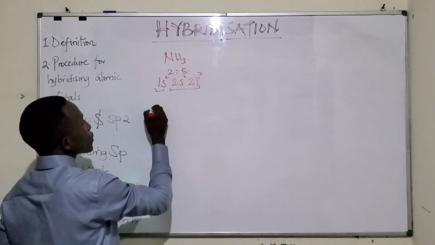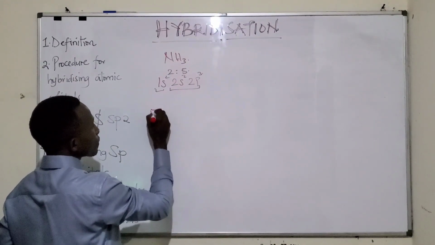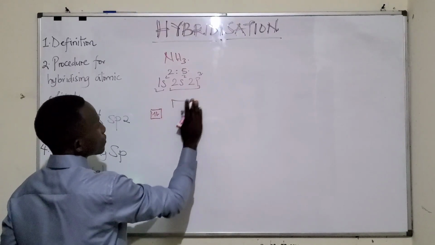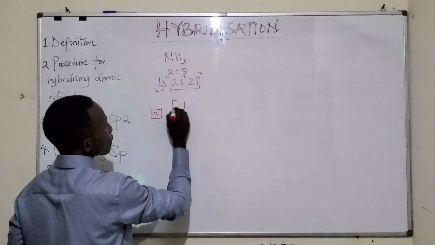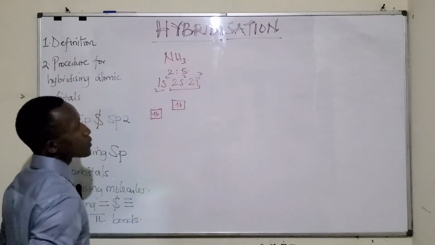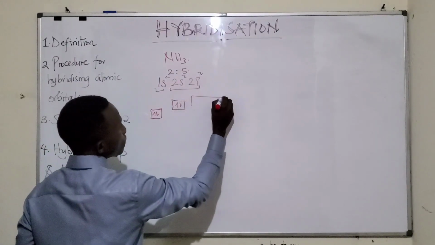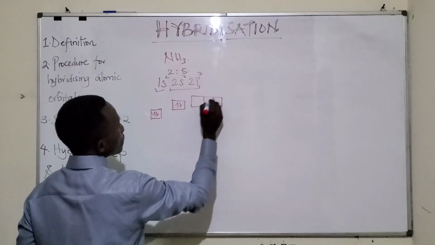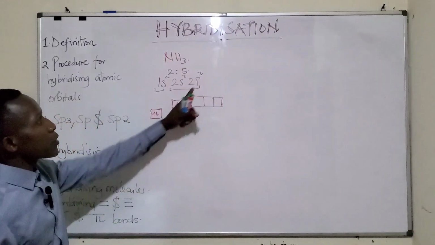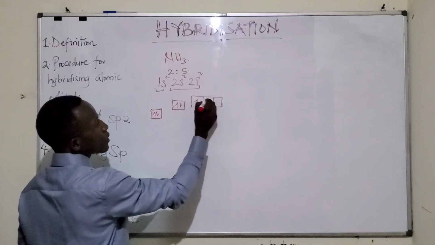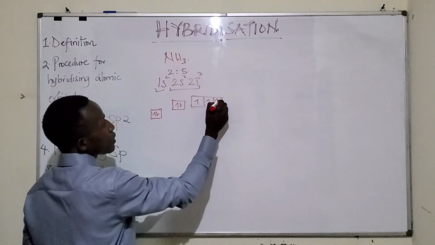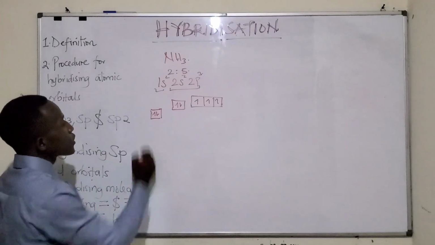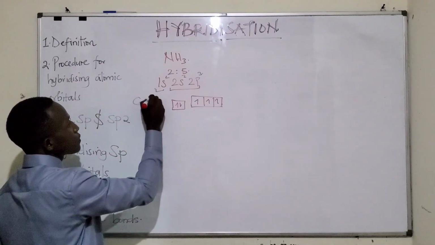Meaning that at the ground state we shall have this. In the p orbital, we are having 3 electrons. Then this is the ground state.